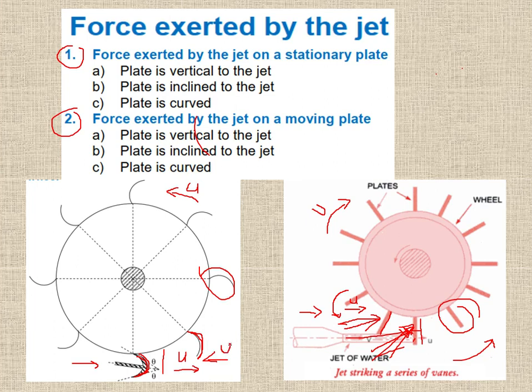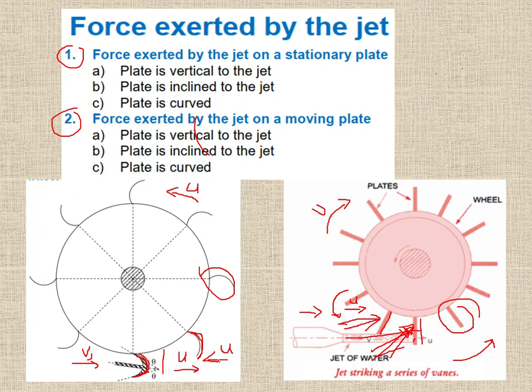So what would be the case? If the velocity of the jet and the velocity of the blade are in the same direction, and if the velocity of the jet and the velocity of the blade are in opposite directions.